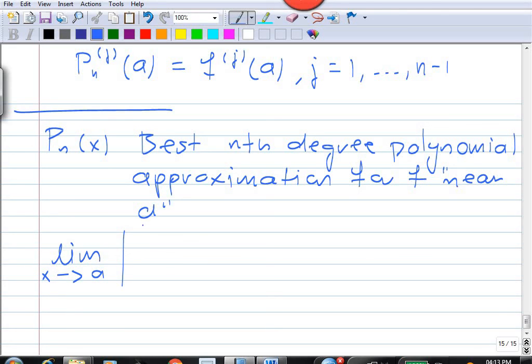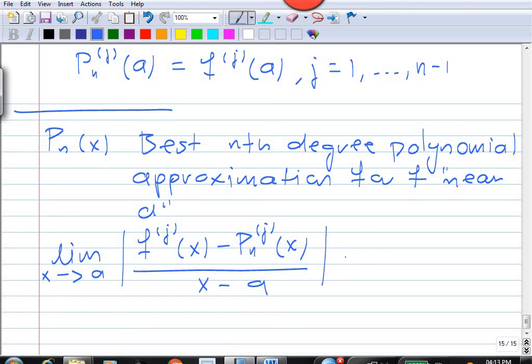And what we mean by that is that if we take the limit as x goes to a, and now we take a relative error between the jth derivative of f at x and the jth derivative of the Taylor polynomial at x, relative to x minus a, this limit is 0, and this is for all j up to n minus 1.